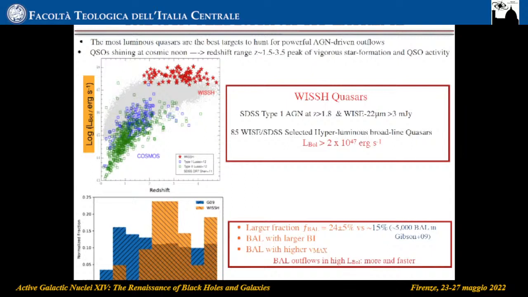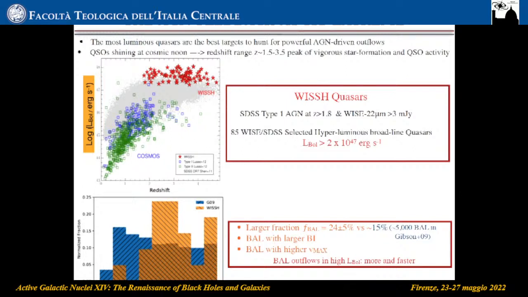We also found that these outflows have a larger maximum velocity, as you can see here in these histograms. You can see the WISSH quasars here in orange, and in blue the Gibson sample. And moreover, we also found a larger balnicity index, which is a measurement of equivalent width. So we can say that the BAL outflows in high luminosity quasars are more frequent and faster.